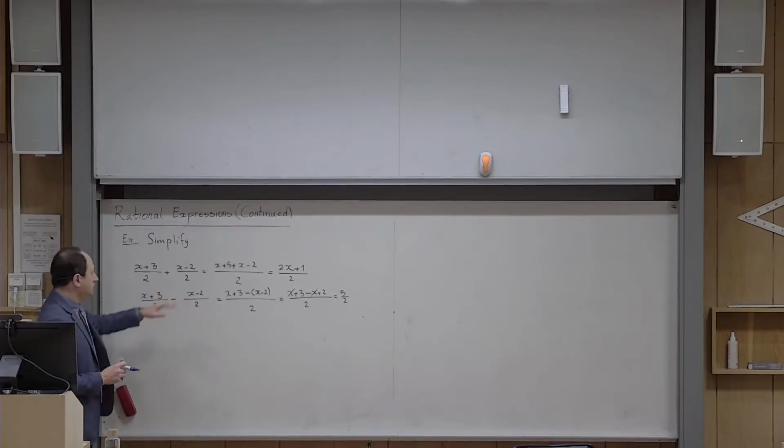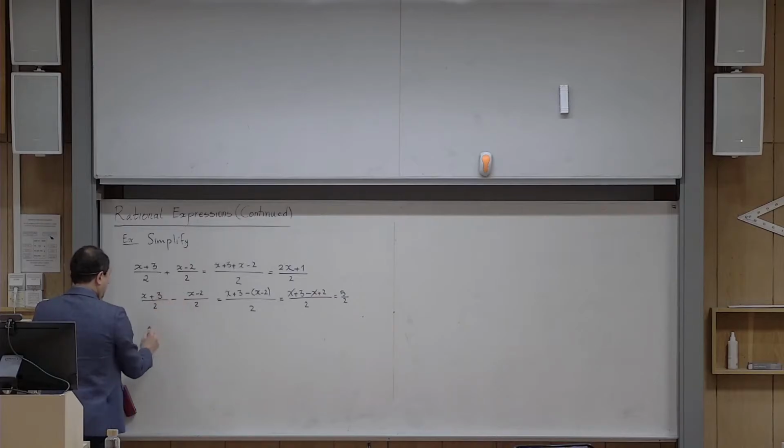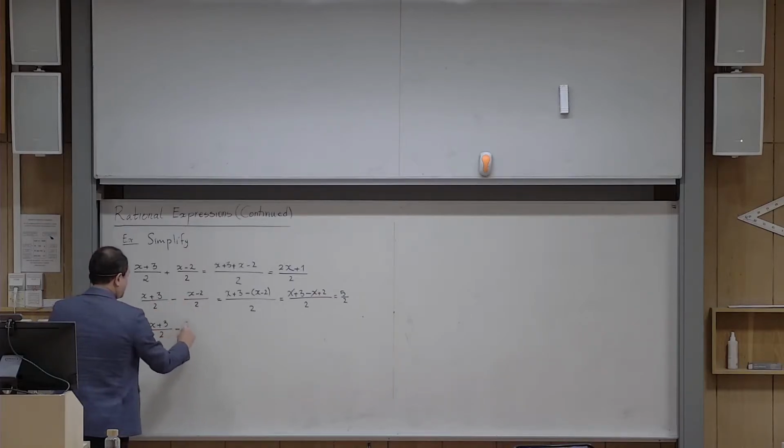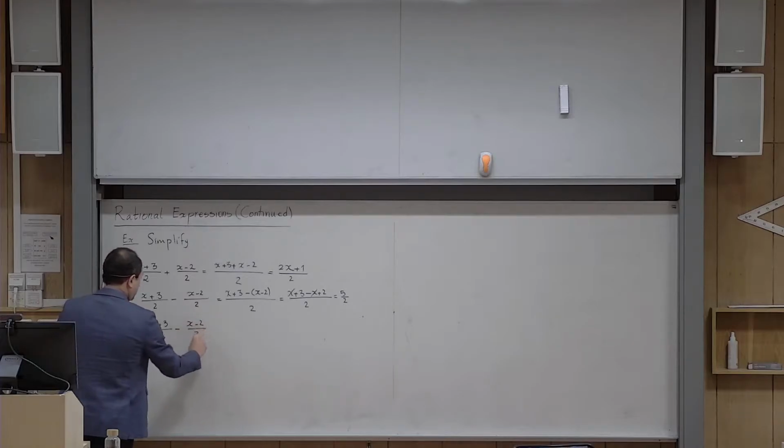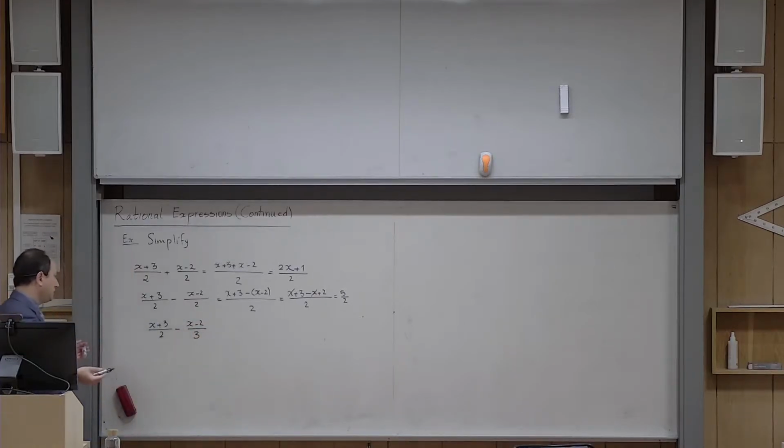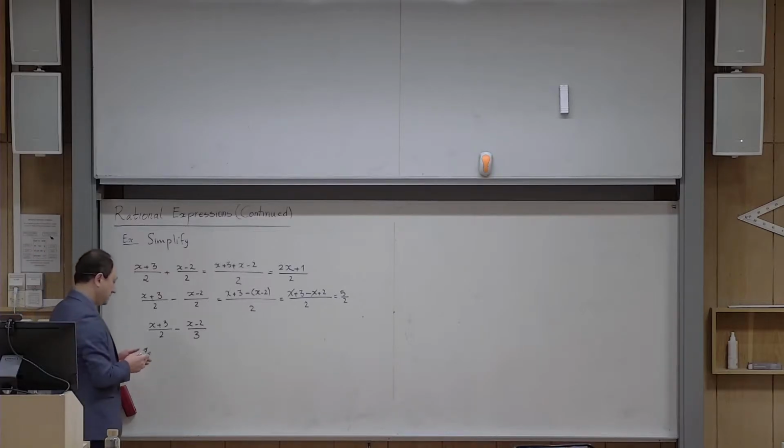Of course, things can be more interesting than that. Let us change it to something different. Let me write x plus 3 divided by 2, but minus x minus 2 divided by 3 this time. Now the denominators are not the same, so my duty is to make the common denominator. What is the common denominator between 2 and 3?